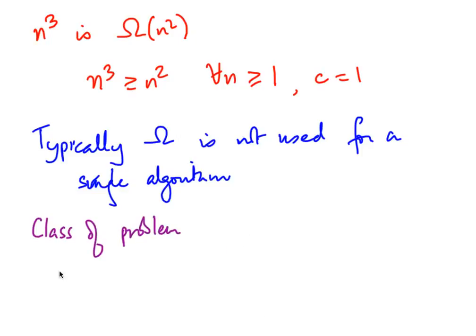So for example, we'll say that sorting is omega of n log n. So what this means is that we cannot do better than find an algorithm which works in n log n time, where of course the fundamental assumption is that we are doing it in terms of comparisons. Of course, if you use different operations, this doesn't work. So you have to specify what type of operations you're measuring. But we say that sorting as a problem is omega of n log n.